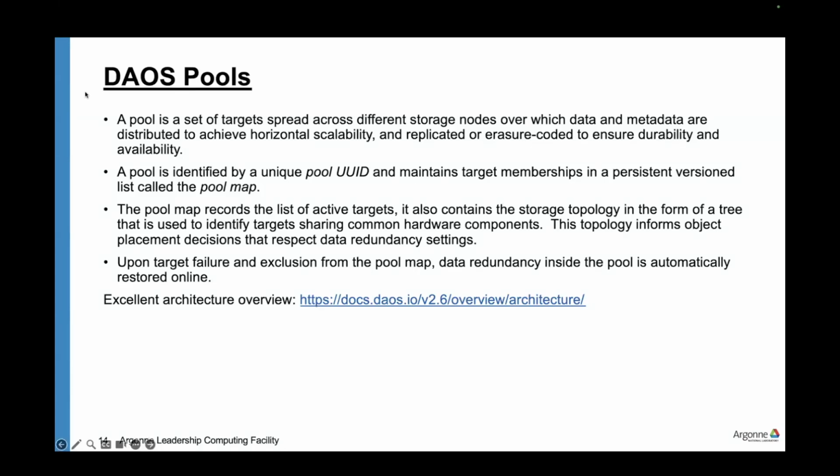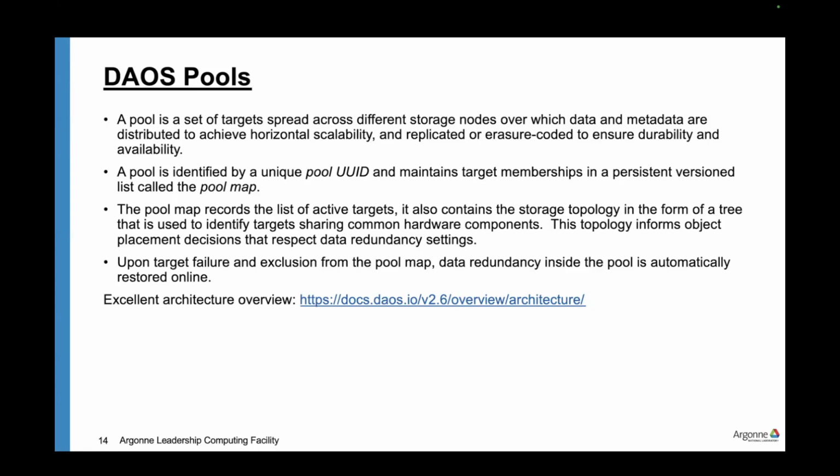Let's see, what have I forgotten on this slide? Targets, a pool identified by a unique UUID. We usually don't use UUIDs, but in fact we use a label, which makes it human readable. But under the covers, it's important to realize that there is a UUID. The pool map, again, maps our active targets into the pool.